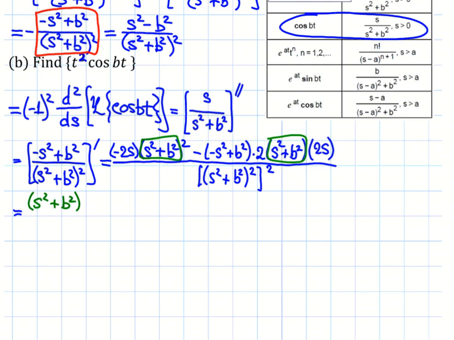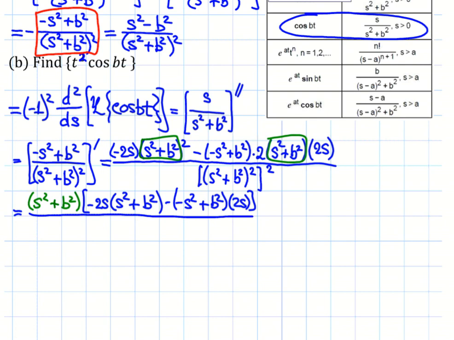What's left is going to be negative 2s times (s squared plus b squared), and then minus negative (s squared plus b squared) times 2s. I'll close the bracket there. The bottom is (s squared plus b squared) to the 4th power. We can cancel with s squared plus b squared on the top, and that's actually just down to the 3rd power.